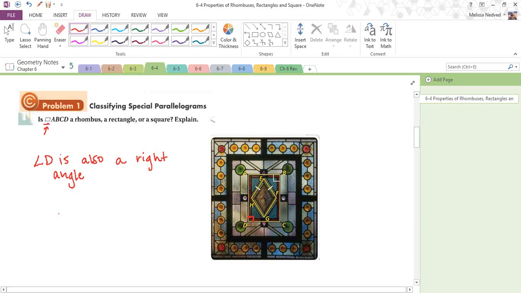Now, another thing we know about angles in a parallelogram is that consecutive angles are supplementary, meaning they have a sum of 180 degrees. So in this case, for example, A and B are supplementary. They must add up to 180 degrees. Well, since B is 90 degrees, A must also be 90 degrees in order to give us a sum of 180.